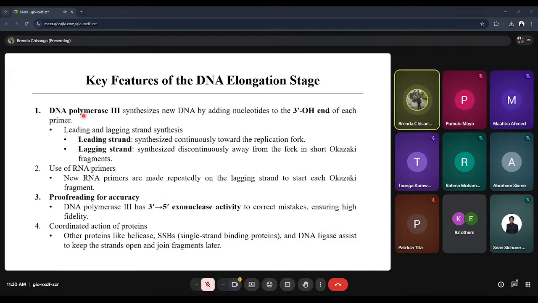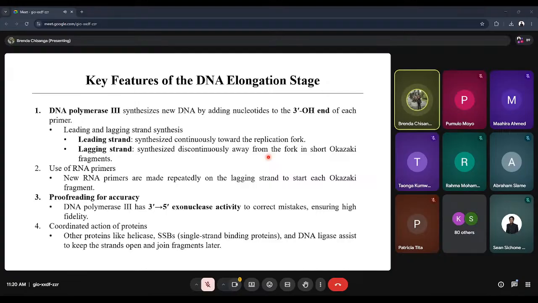We know that polymerase 3 synthesizes new DNA by adding nucleotides to the free OH end of the primer. In the next slides, we're going to see what is referred to as the leading strand, synthesized continuously in the same direction as the replication fork, and the lagging strand, synthesized in the opposite direction discontinuously, away from the replication fork.